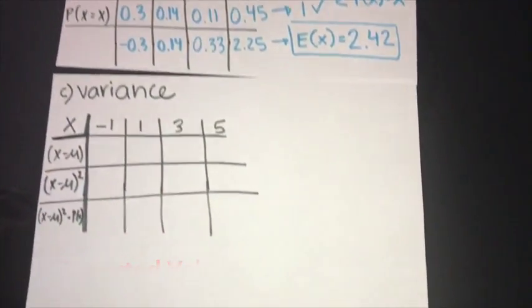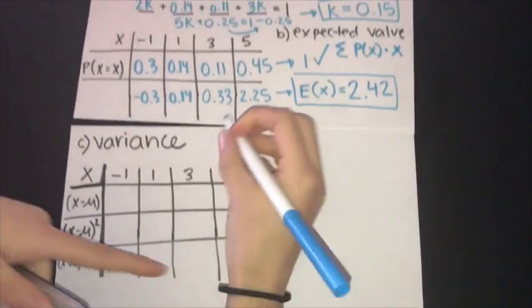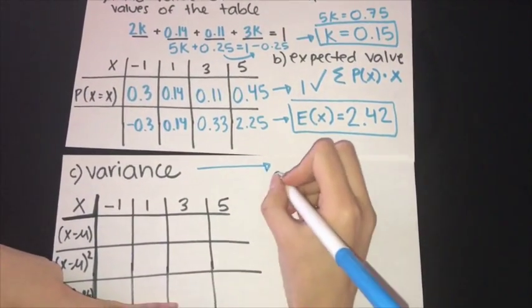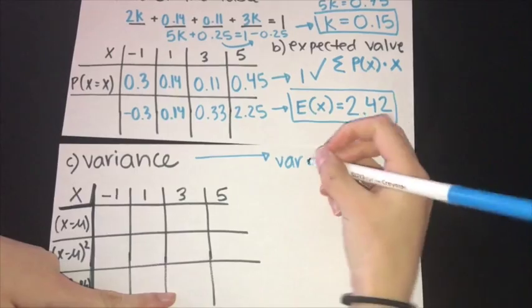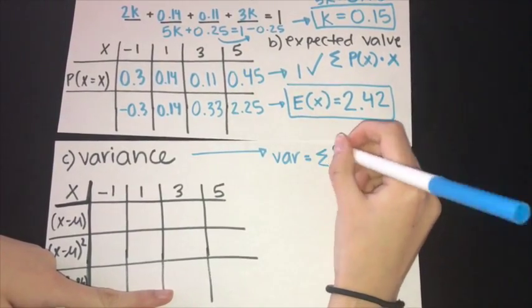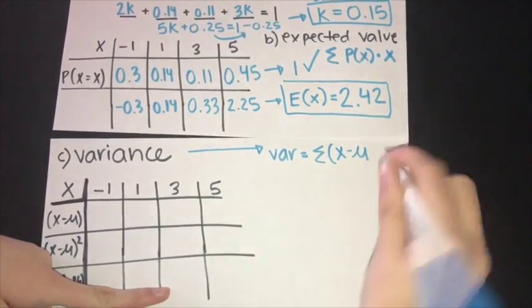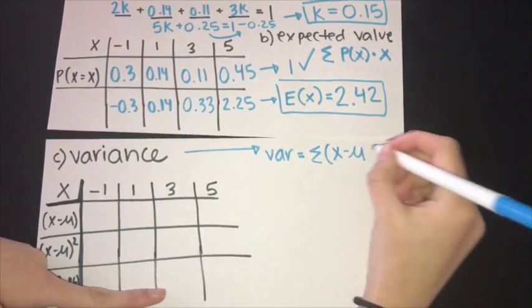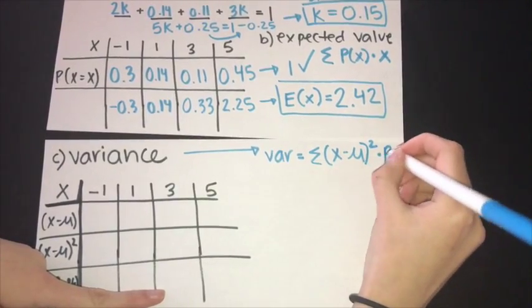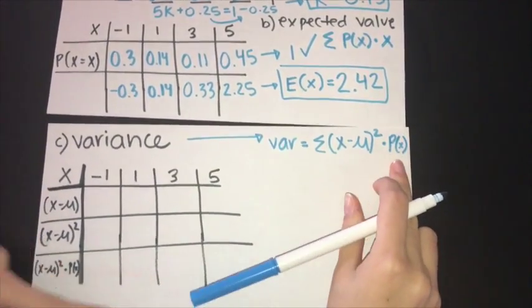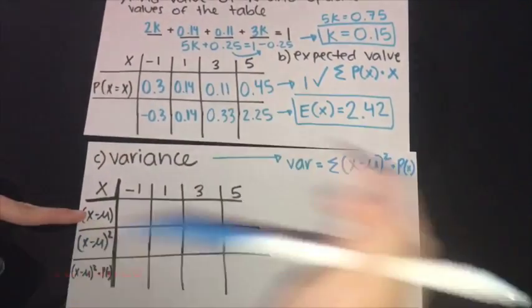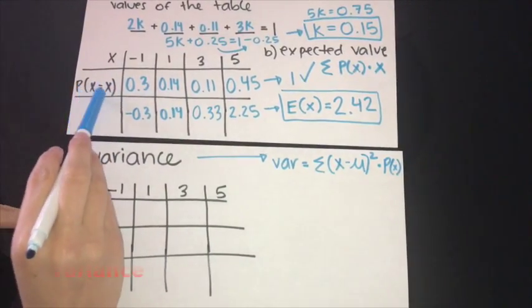Then they're asking us to find the variance. We know that the formula to find the variance is the sum of x minus mu, where mu is the same as the expected value, squared, times p of x, the probability of x. We already have the probability of x here.